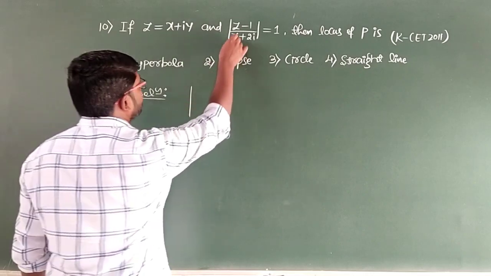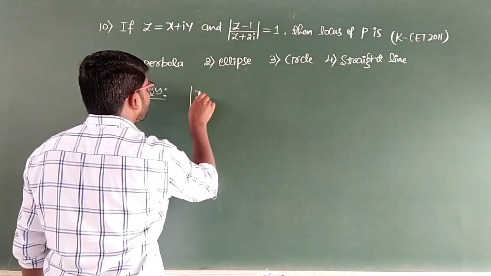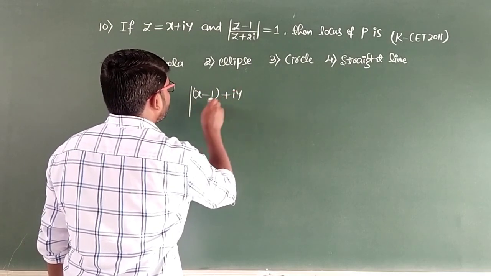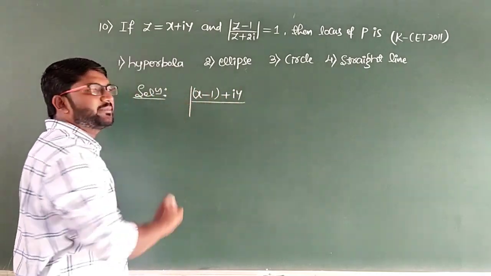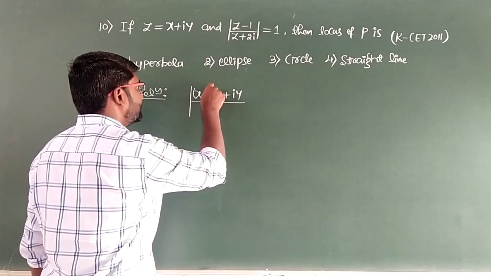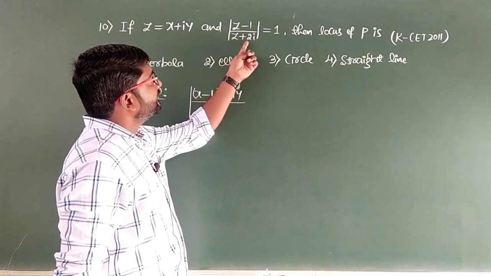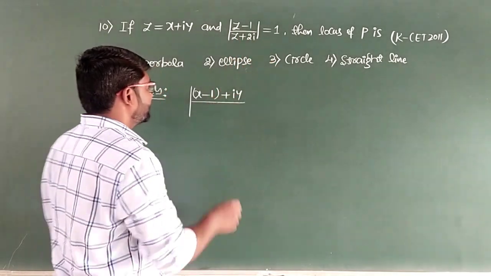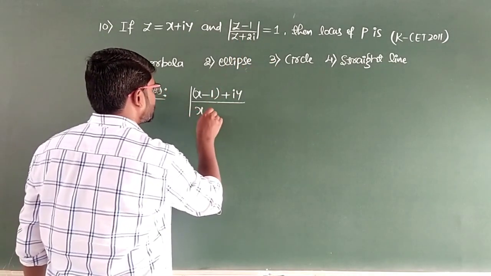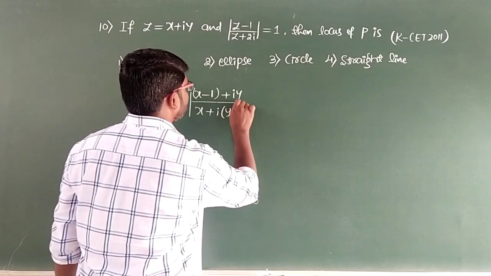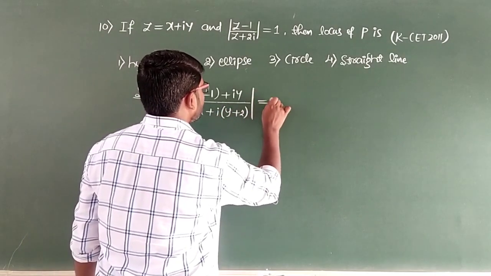Mod z minus 1, z is nothing but x plus iy. So here we get x minus 1 plus iy divided by, separating the real part and the imaginary part, x plus iy plus 2i, so x plus i times y plus 2, which is equal to 1.